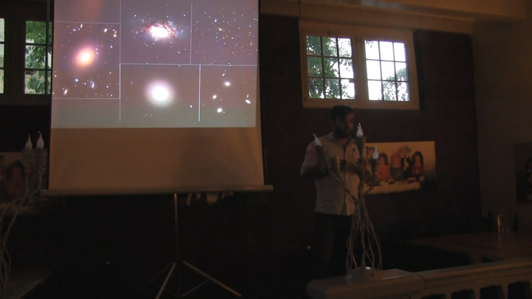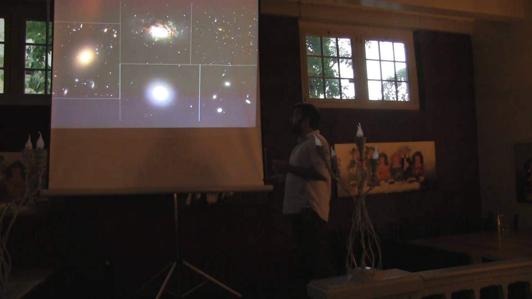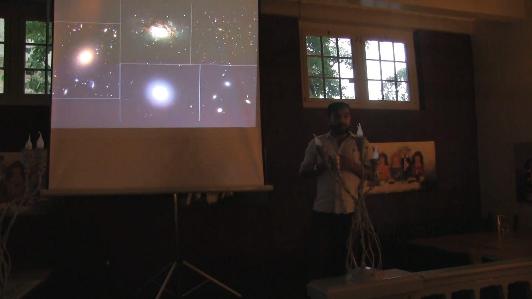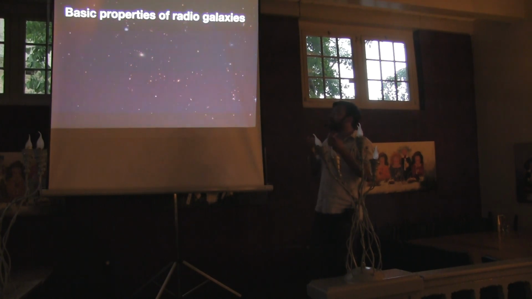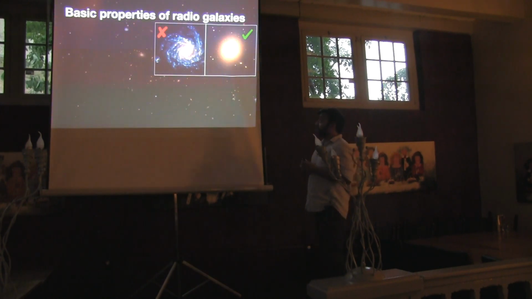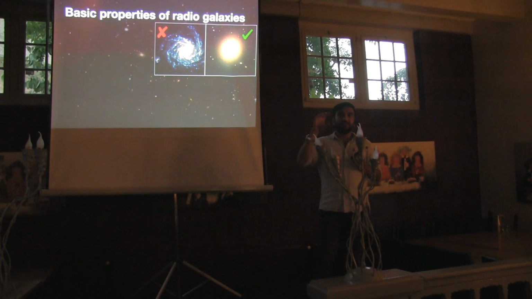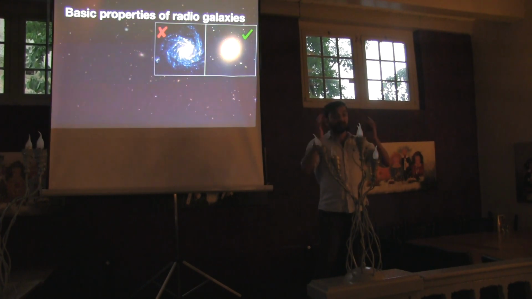So not all galaxies shine in the radio. There's only a few very special and rare galaxies that have radio emission associated with them. And with these follow-ups at optical wavelengths, they could come up with some basic properties of radio galaxies, which was first that a galaxy that also shines in the radio is more likely to be red, elliptical and spherical, as opposed to a blue galaxy, which has beautiful spiral arms, like our own Milky Way.